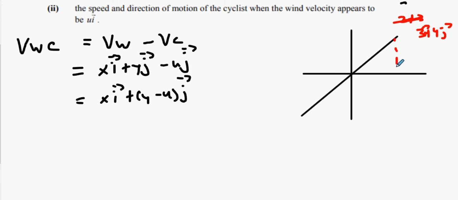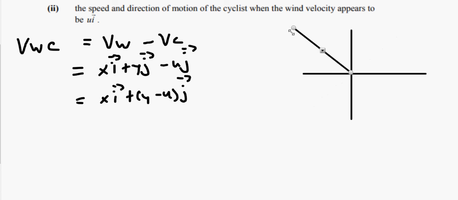Simply 3 across 4 up. You tan inverse that, you get 53.13. Happy days. You go to the other quadrant. So I swing this around, and this time I go for minus 3i plus 4j.